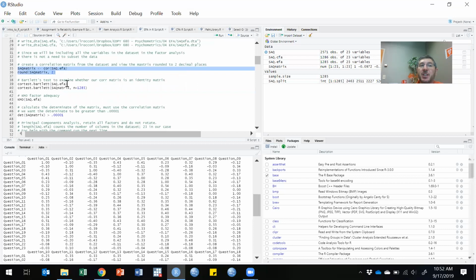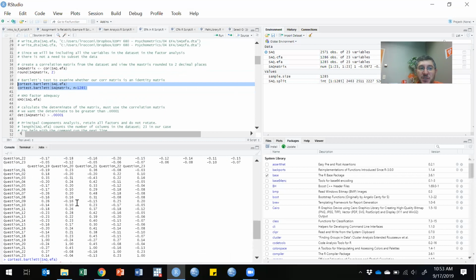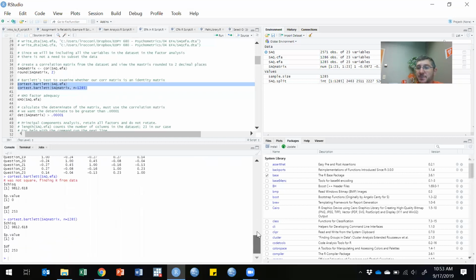So we can run it either with our raw data or our correlation matrix here. Notice we'll get the same thing. The chi-square test is testing whether or not the correlation matrix is an identity matrix. We're rejecting that. We can also tell that by just looking at our correlation matrix. We saw some variables that were pretty correlated with each other, so it didn't seem like it would be an identity matrix.